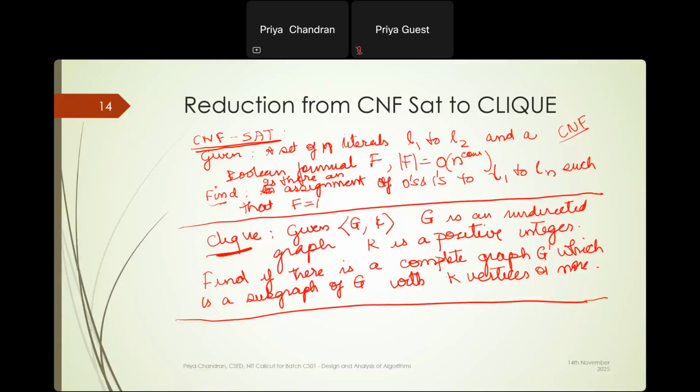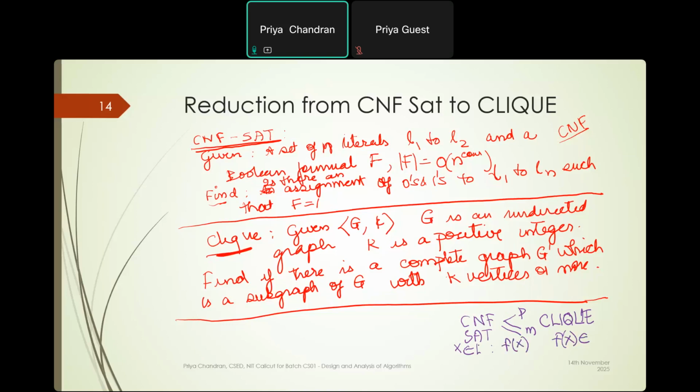So let me move ahead. How do we go ahead with this reduction? We know the concept of reduction. So what we have to do is as follows. We have to give this reduction, which means that for some x belonging to L, we have to find a way to map it to f(x) such that f(x) belongs to clique.